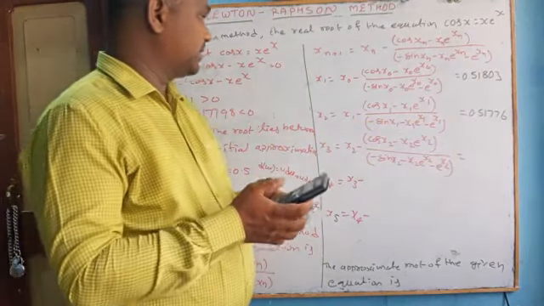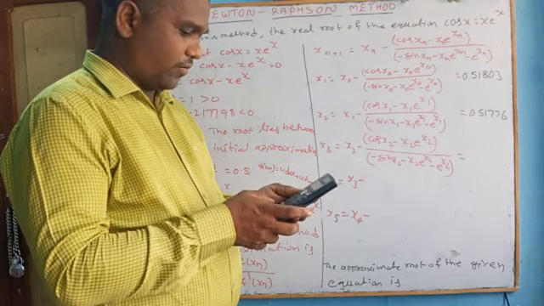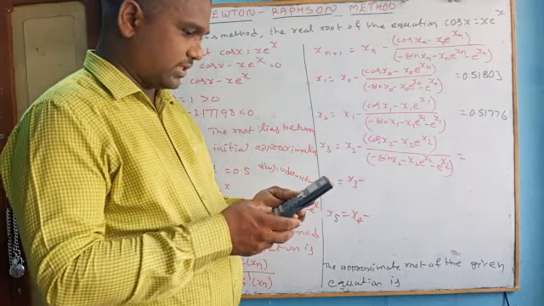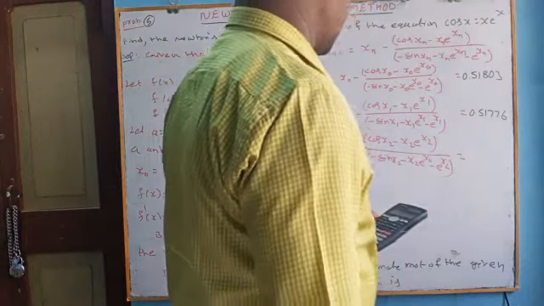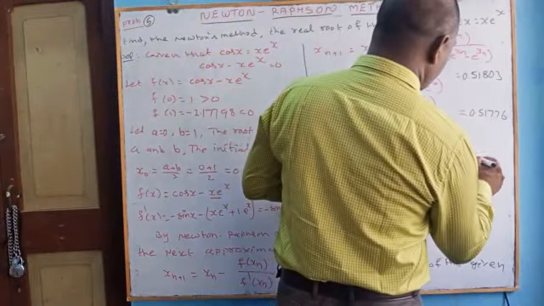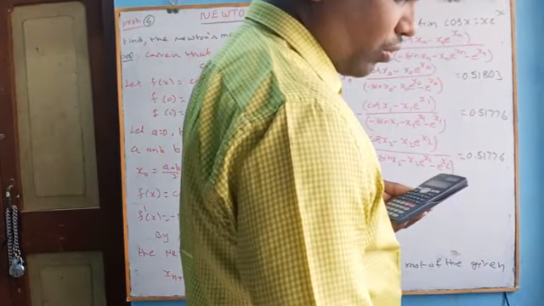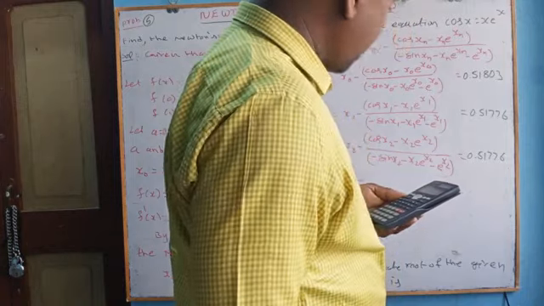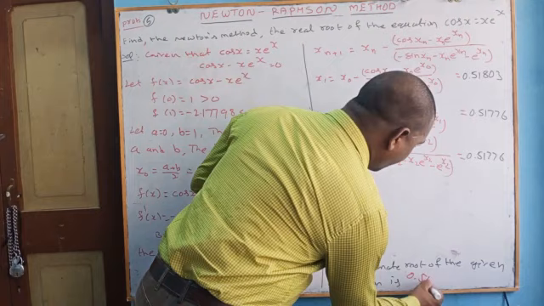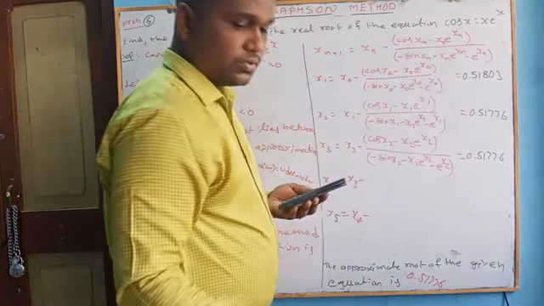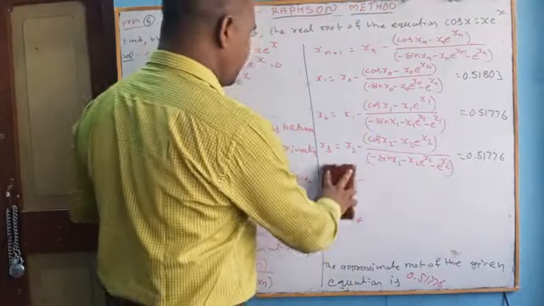We get the same value 0.51776. Therefore, the approximate root of the given equation is 0.51776. This is also one of the most important problems.